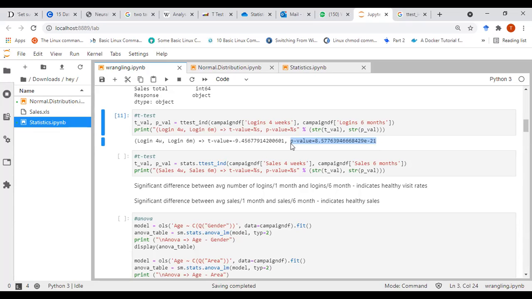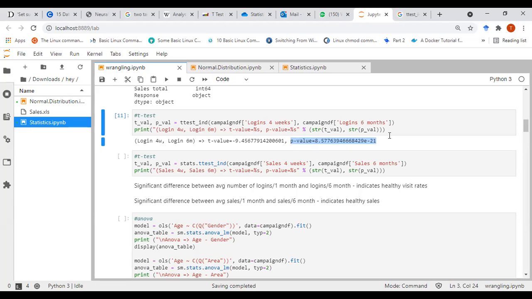So therefore, alternate is true, and I can claim that the average logins in 6 months is very, very different from the average logins in 4 weeks, which is understandable because how much am I going to log myself in 4 weeks? Maybe 4 times. In 6 months, I'm going to log myself in lots of times.